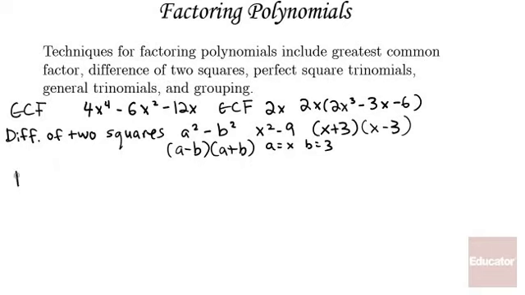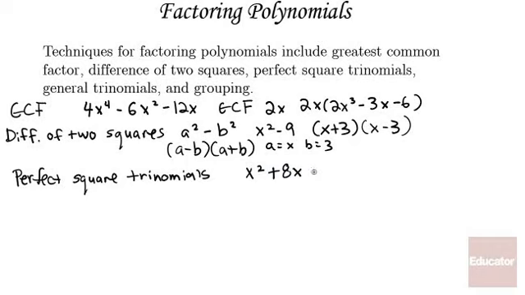Next, perfect square trinomials. If you recognize these, they're easy to work with, so you want to be on the lookout for them. For example, one that we've seen earlier working with quadratic equations is x squared plus 8x plus 16.